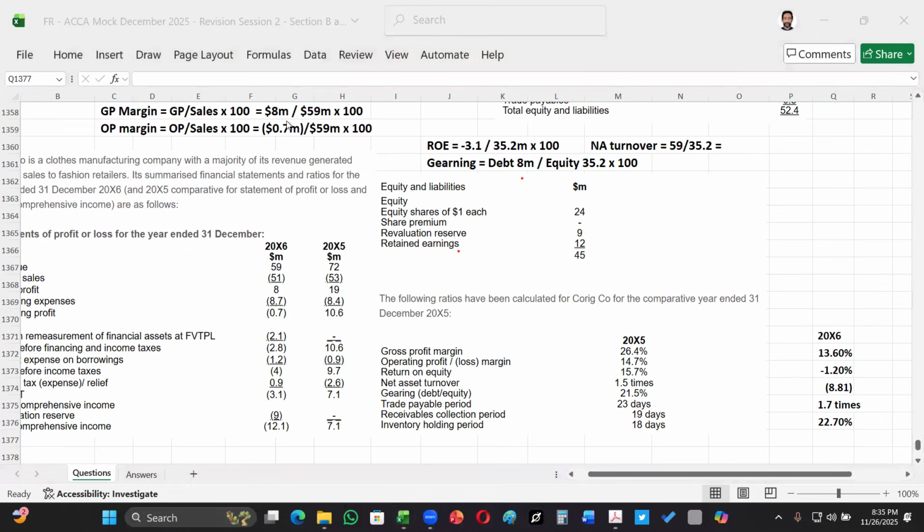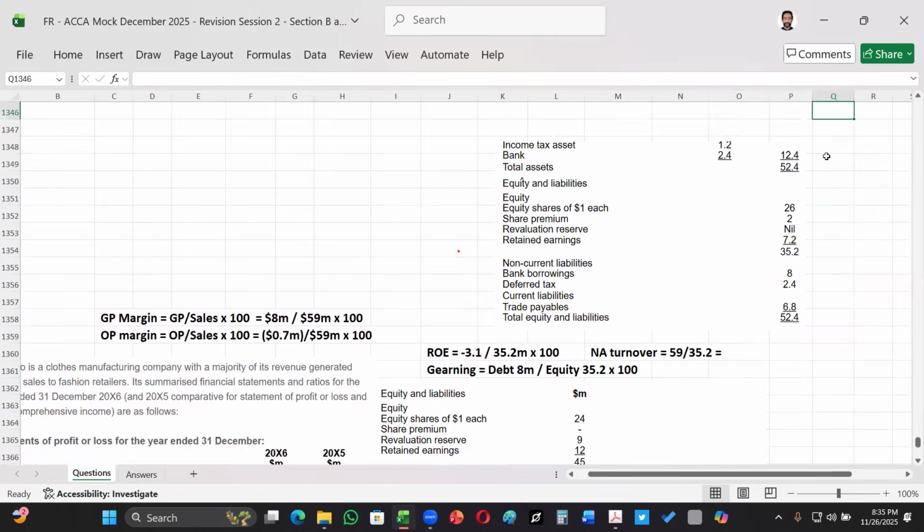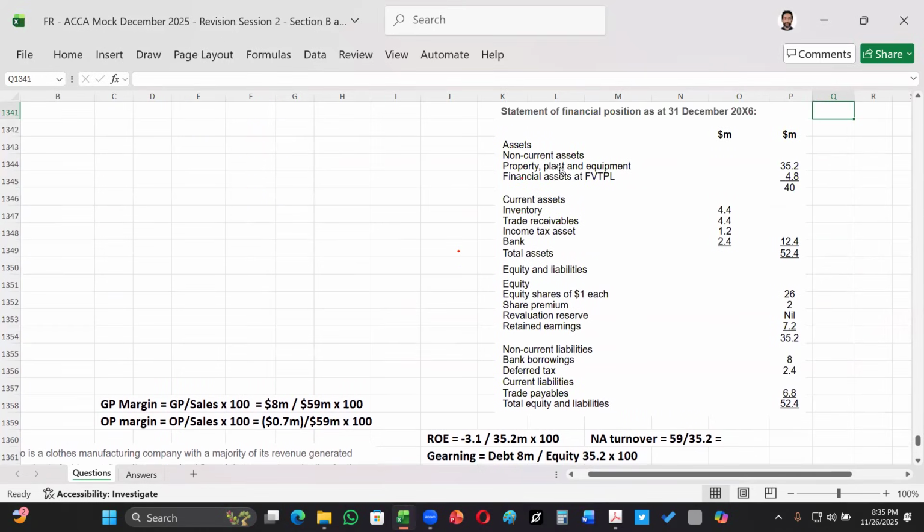Yes, please, what is the question? For the net asset turnover, is it that we're doing 59 divided by 35.2? Yes, the sales revenue is 59, and the net assets is 35.2. If we just scroll up, the property, plant, and equipment is 35.2.